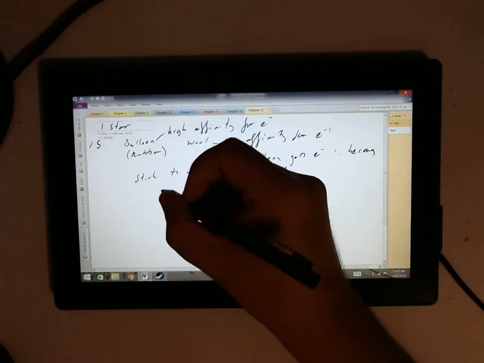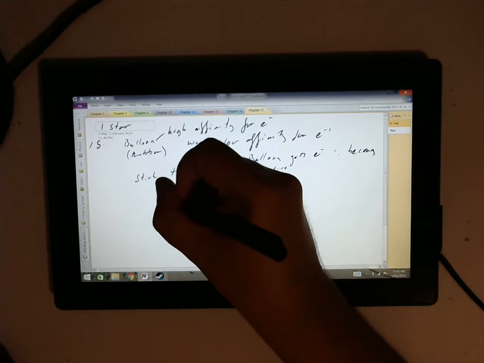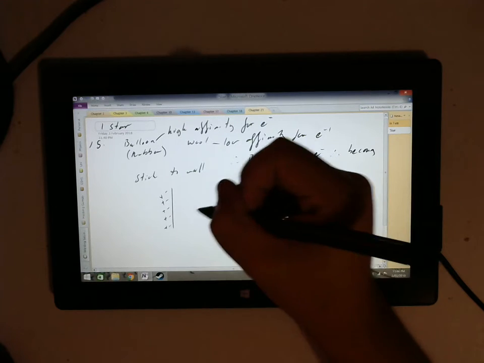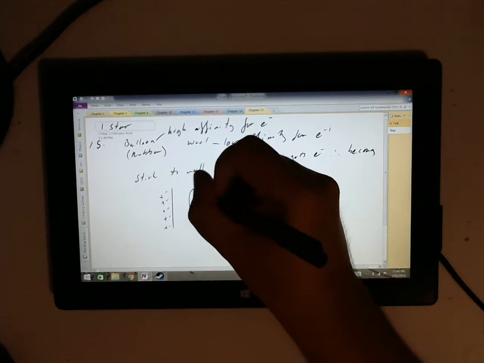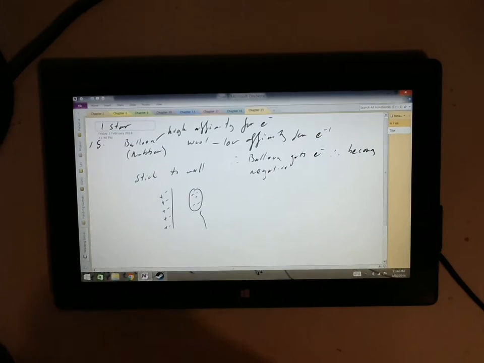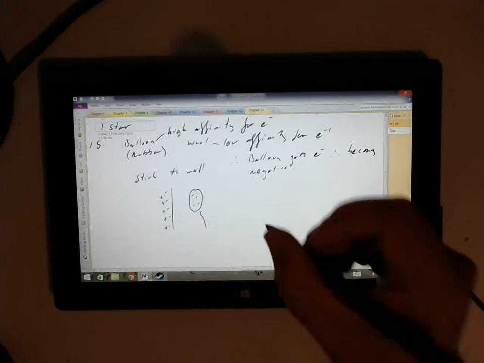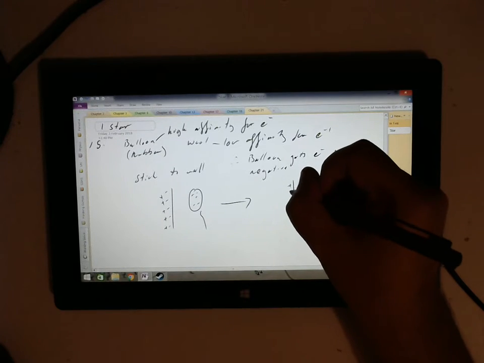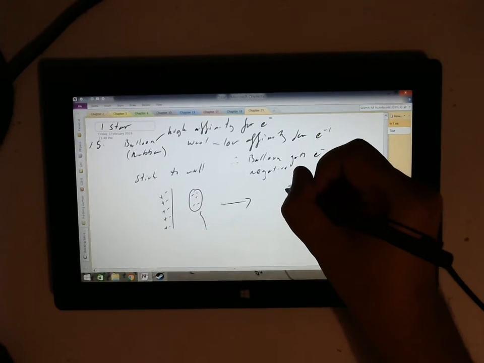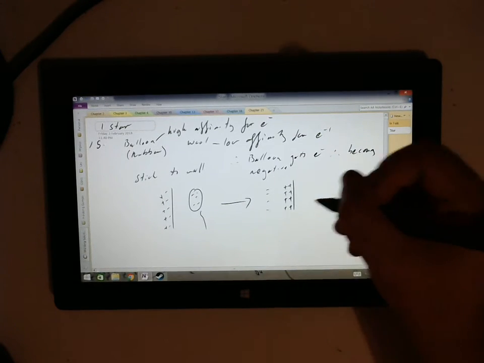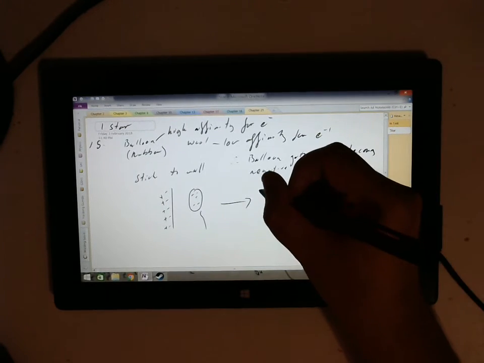And I'm going to draw a diagram. So let's say I've got my wall, and it's got a mixture of pluses and minuses. And I've got my balloon, which now has an excess of negative from here. So this is the before, and after we bring them close, what we'll find is that the wall is still very positive near the balloon, because the negatives have run away from the edge of the wall.